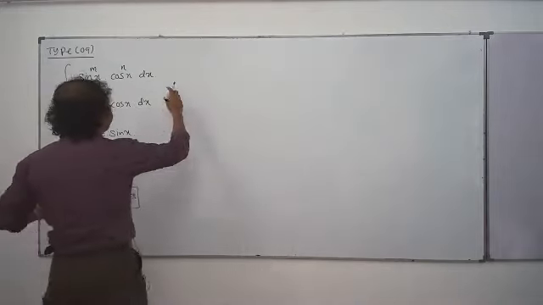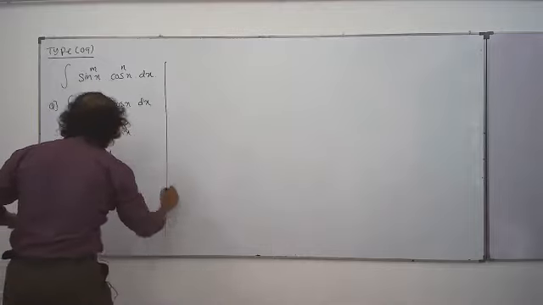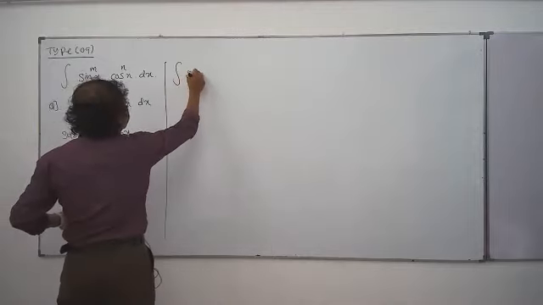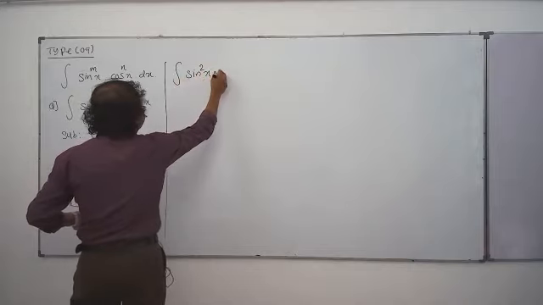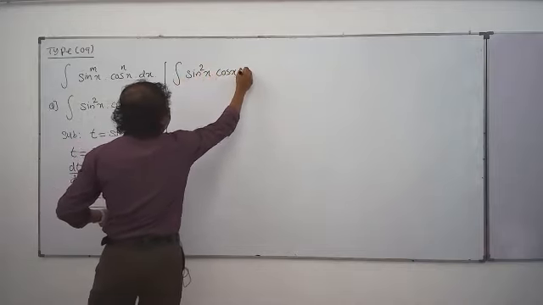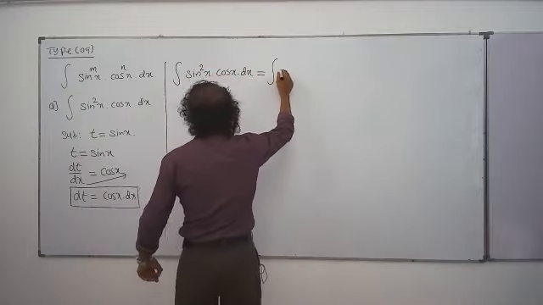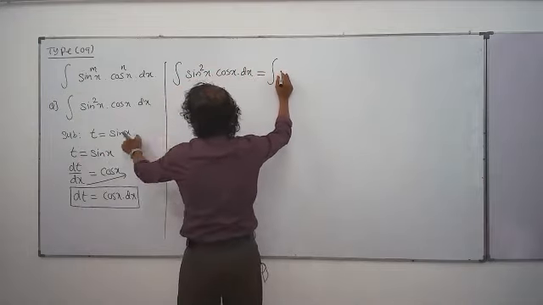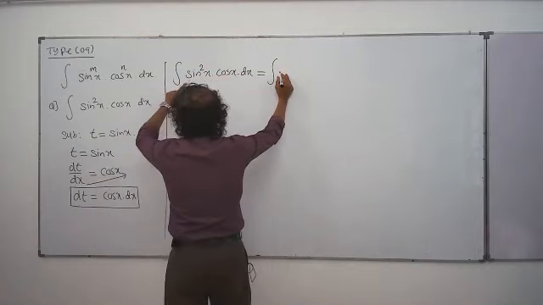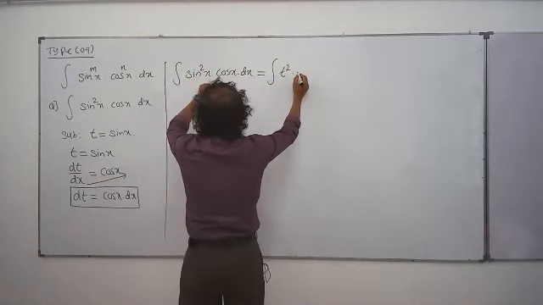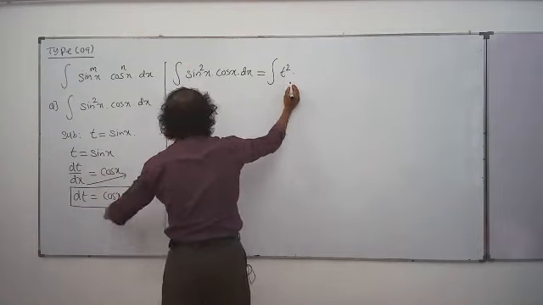We take this one. Question is sin squared x cos x dx. Then we can write sine squared x. People, sine x only we put t, then this is t squared. Cos x dx is dt.